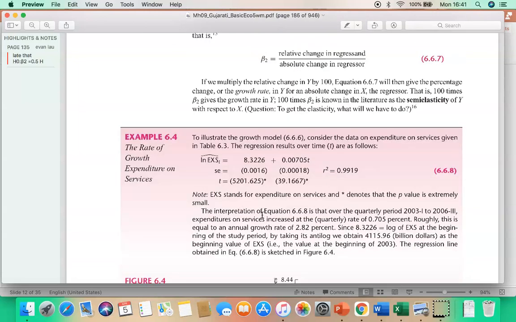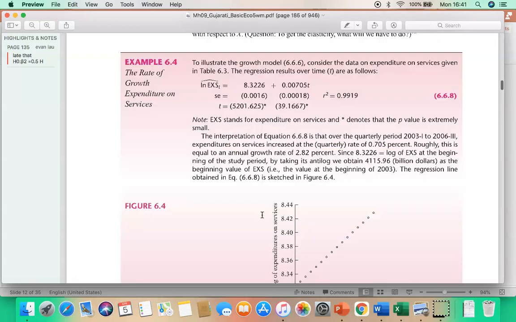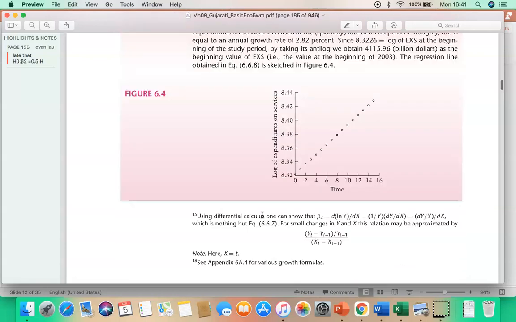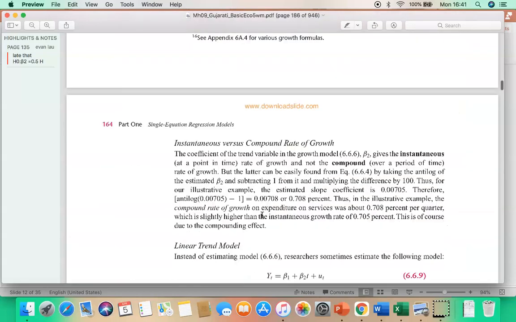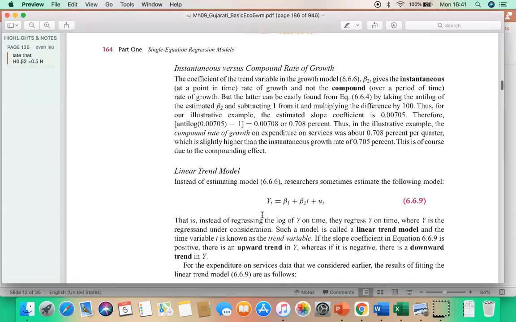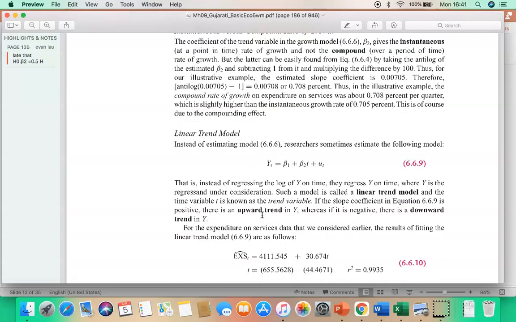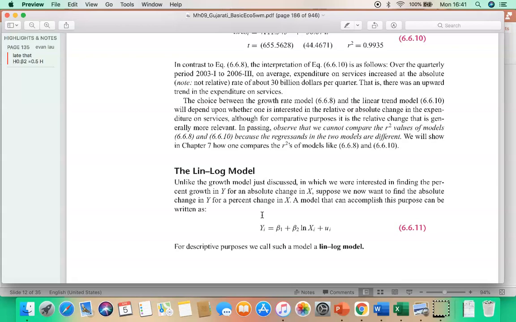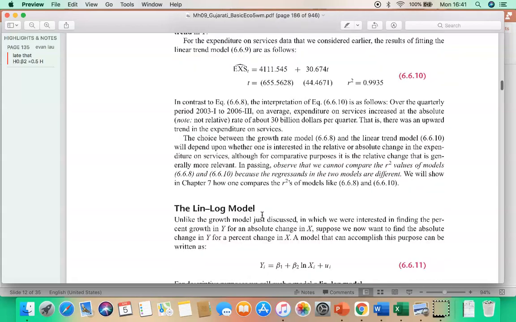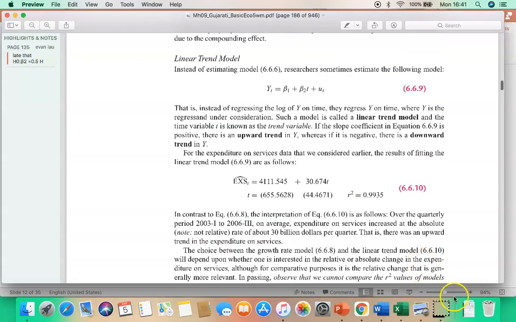I mean, the other example of a log linear model is example 6.4 here, the rate of growth of expenditure on services, which is a good example. You can always refer to this, and see how it can be easily interpreted in that sense. So we have the log linear model in this sense.